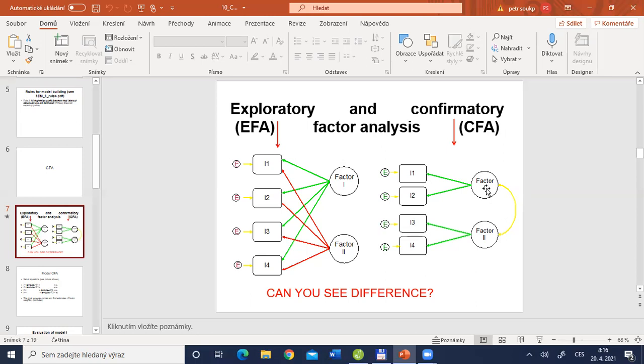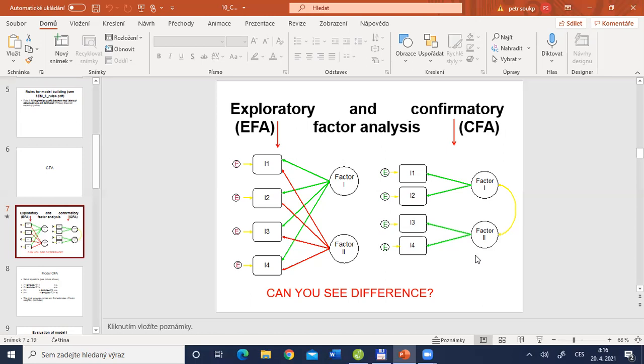And as far as you know about structural equation modeling, I would like to test or evaluate this model, this hypothesis. That's the meaning of confirmatory factor analysis. So I have quite a strong idea about the pattern of my data, about the presence of factors, and I would like to evaluate it within the framework of structural equation modeling.